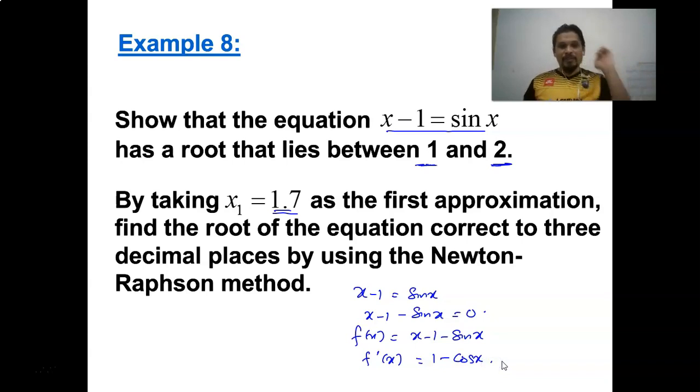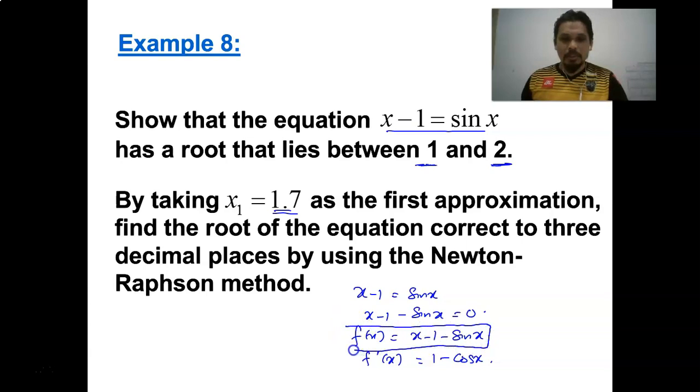But before that, from this f(x), you need to show that the equation has a root that lies between 1 and 2. Class, because this example is exactly the same as example 7, I just give you the clue.